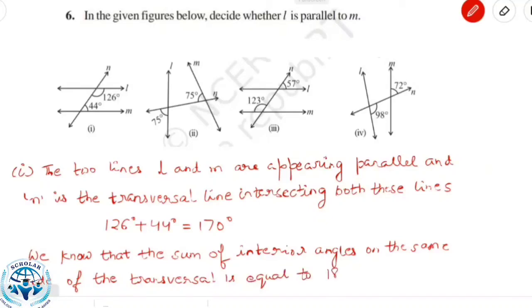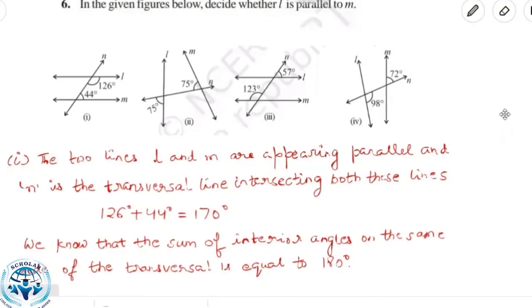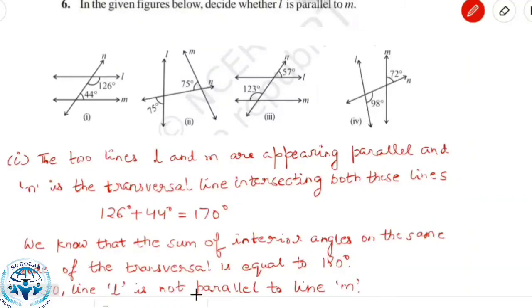You have to write it as it is in the examination, so that the examiner can understand that you have the knowledge of parallel lines and the angles. L is not parallel to the line M.